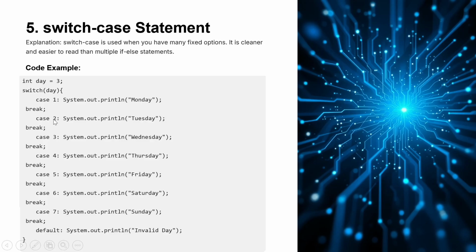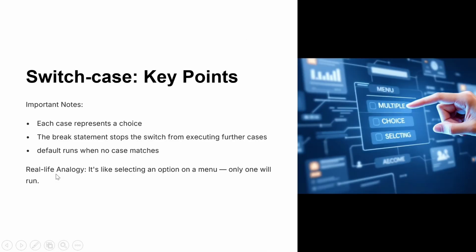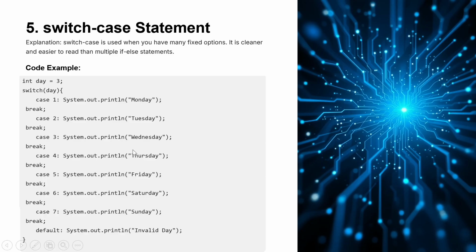So when this case is executed, the break statement breaks out of the switch. And the default runs when no case matches. As I explained, if no case matches the input variable, then the default case will be executed, that is, invalid day.